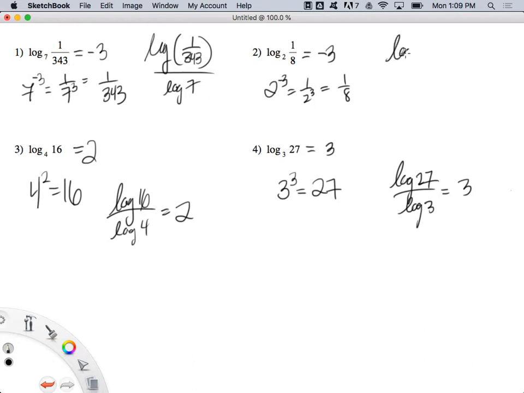This one would be log of 1/8 over log of 2. And to do log of 1/8, it's just log of 1 divided by 8. If you hit divided by, it creates that fraction symbol. That makes sense? You just have to be careful with your parentheses. Make sure you're closing your parentheses every time.